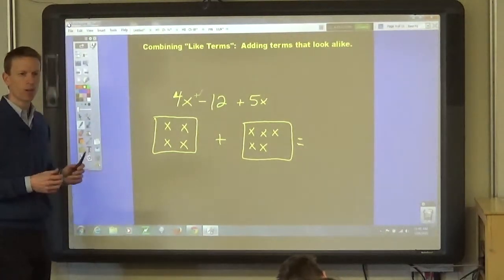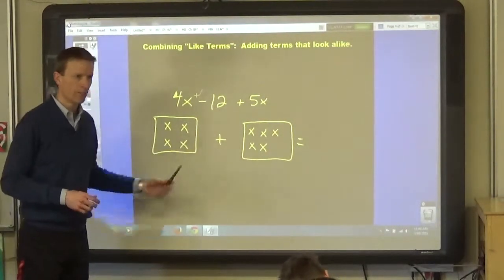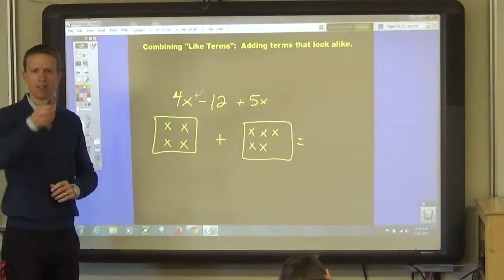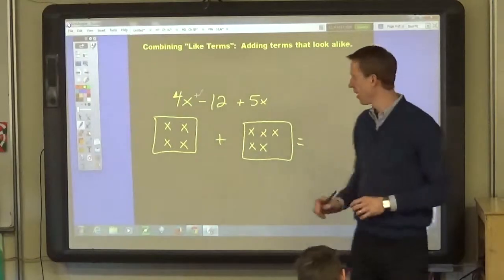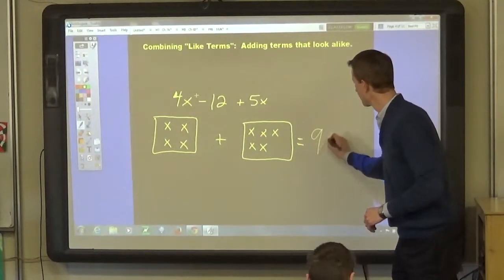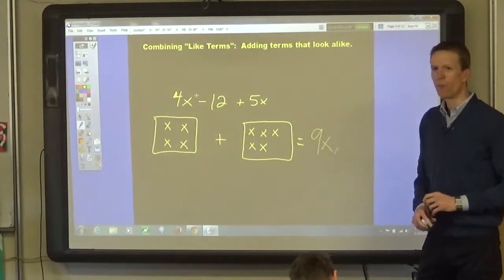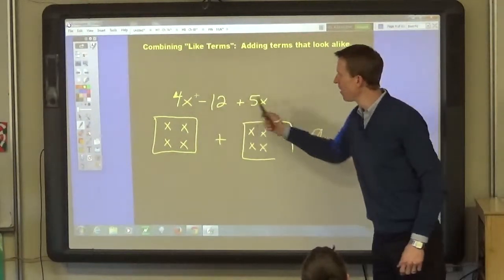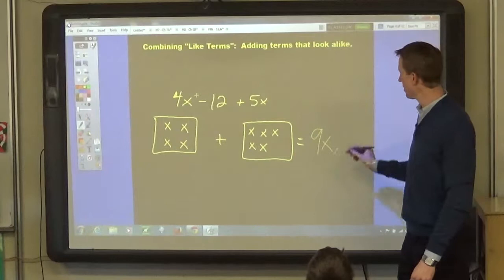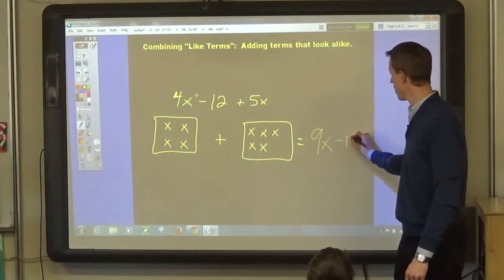What would this be if we add these like terms? Great. 9 times x, yep, 9x. So before evaluating, you might be able to simplify this. This is 9x minus 12.